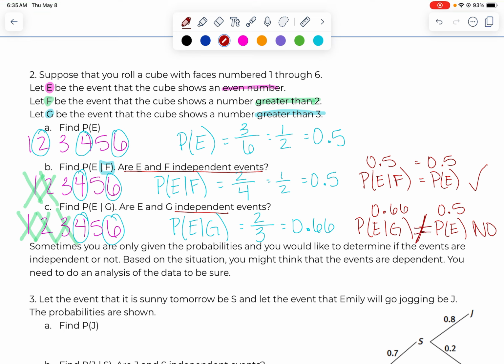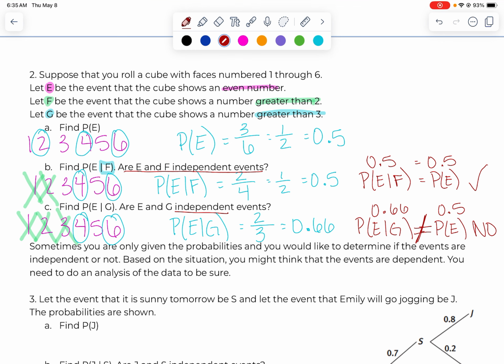So they are not independent. Alright, sometimes you are only given the probabilities and you would like to determine if the events are independent or not. Based on the situation, you might think that the events are dependent. You need to do an analysis of the data to be sure.